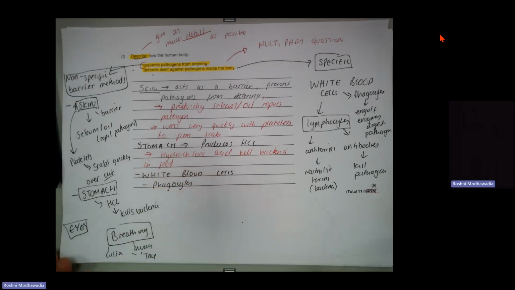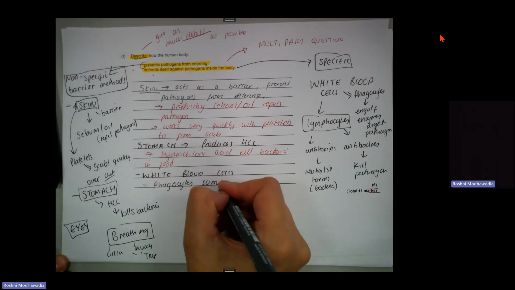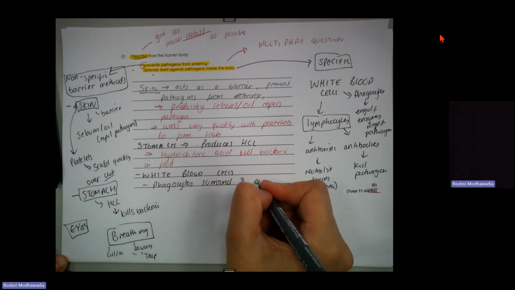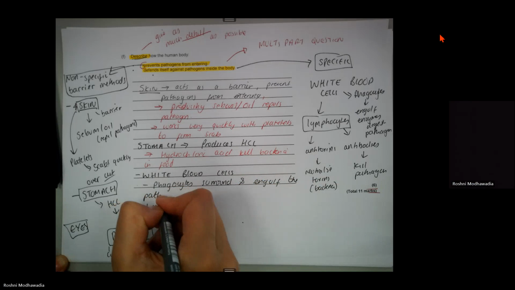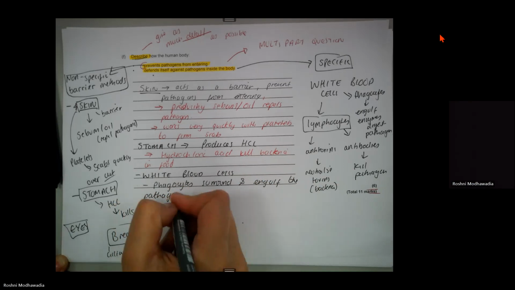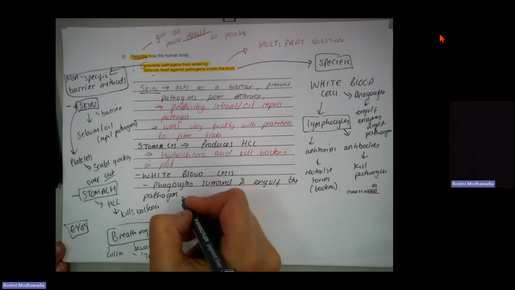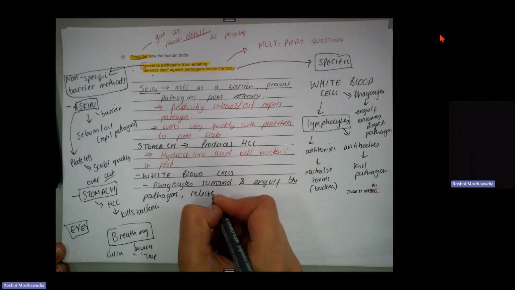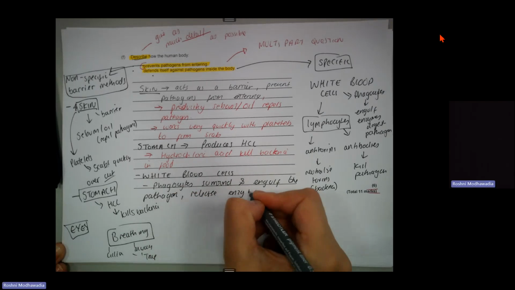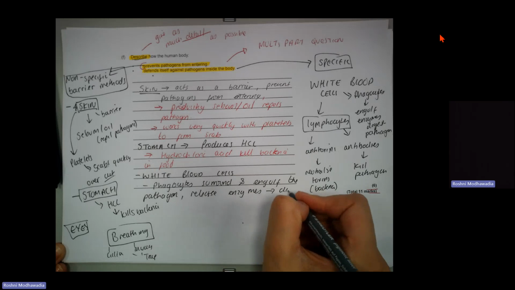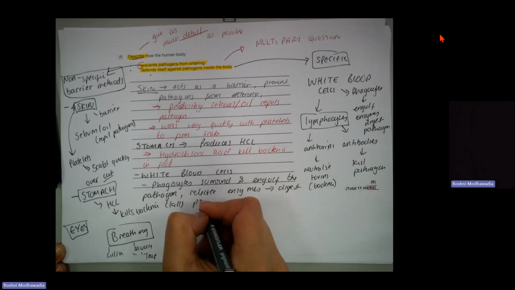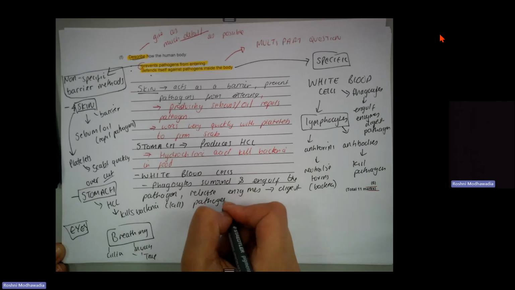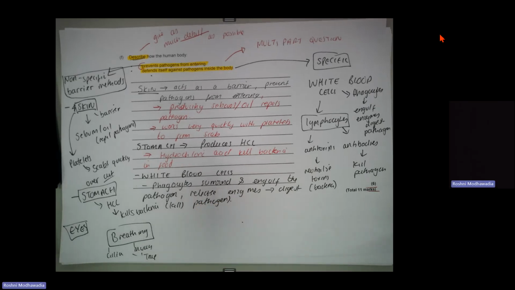Phagocytes are a type of blood cell that will surround and engulf the pathogen. Once it's done that, it will release enzymes, and these enzymes will digest, so break down and essentially kill this pathogen, stopping it from causing further damage within our body.